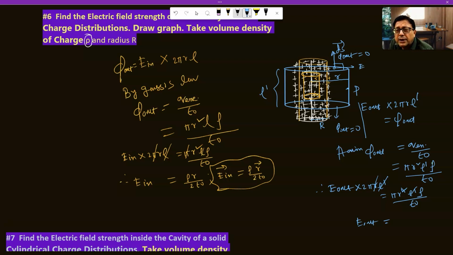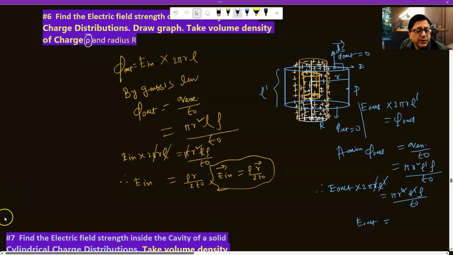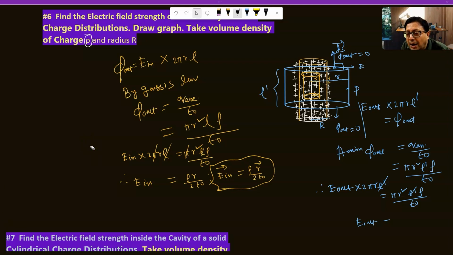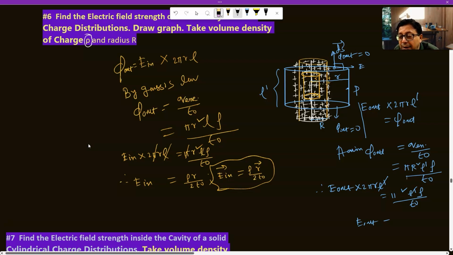Just a minute. Let me check once. This r is not true, because the charge is enclosed in this cylinder only. So when you are calculating Q enclosed, it will be due to this given cylinder only. The given cylinder has radius R, so small r won't be there. It will be pi R square L dash rho. Isn't it?